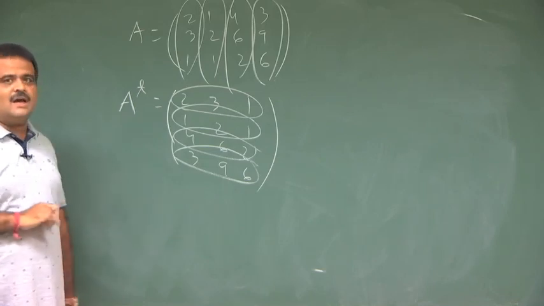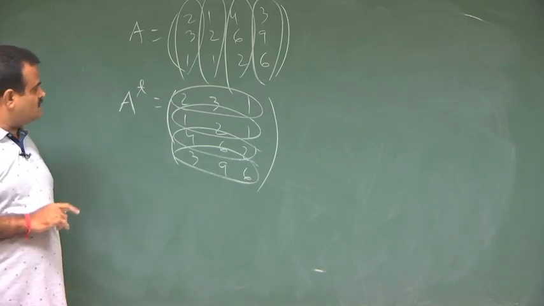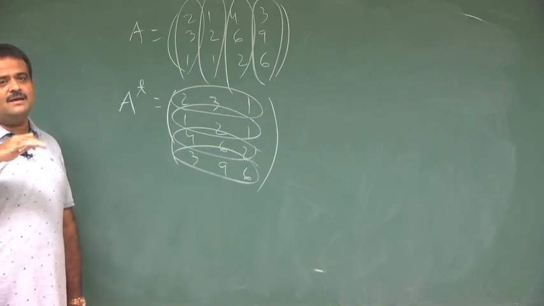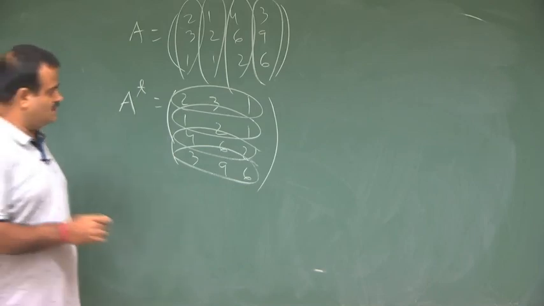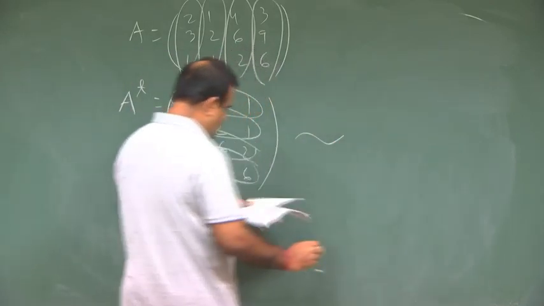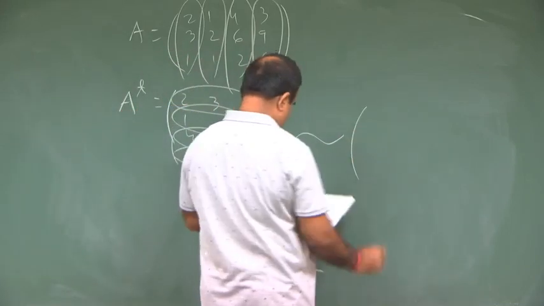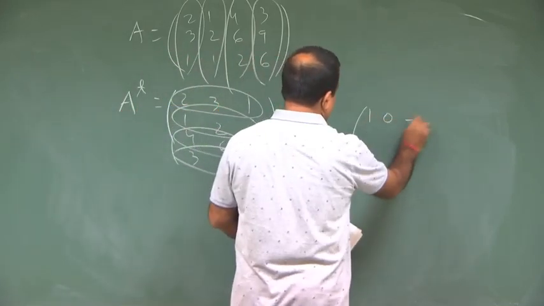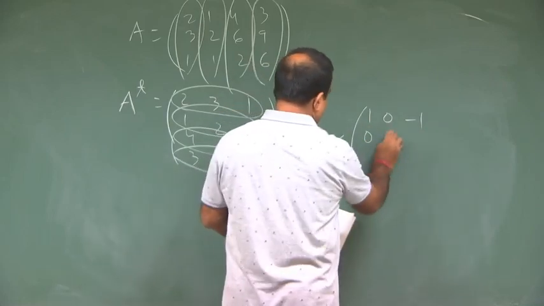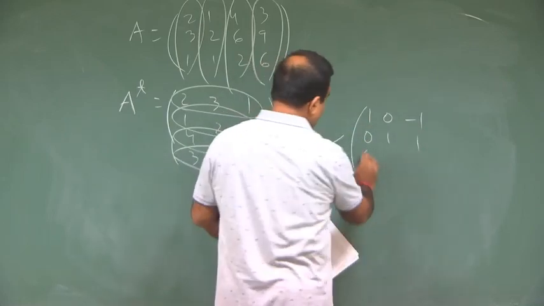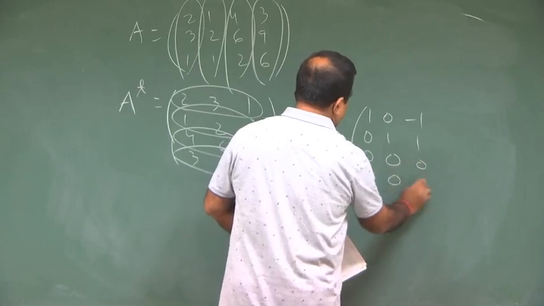Now, again to get the column rank of this matrix, what do we do? We have to apply the elementary operations again. If you apply elementary operations on this, we will get this row reduced echelon form: 0 1 1, 0 0 0, 0 0 0.